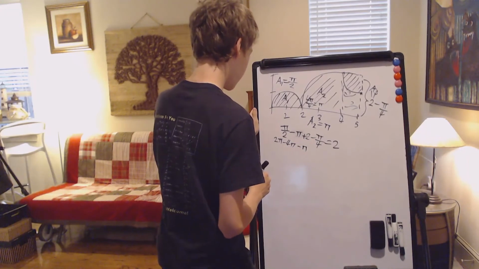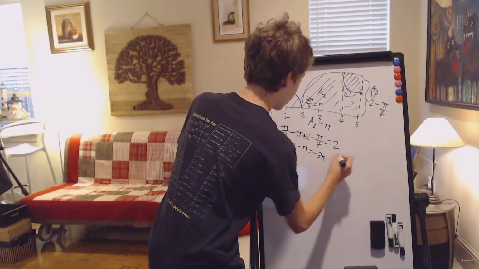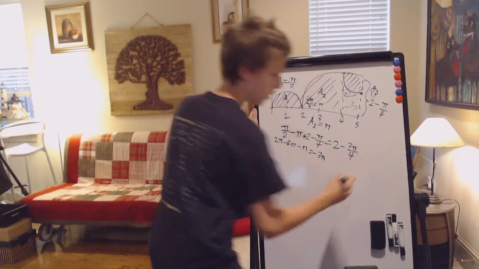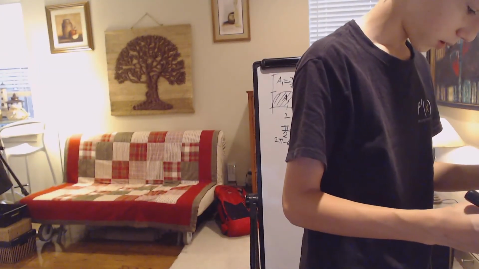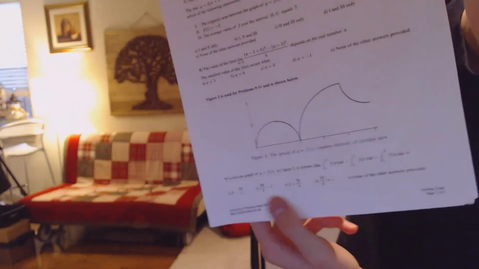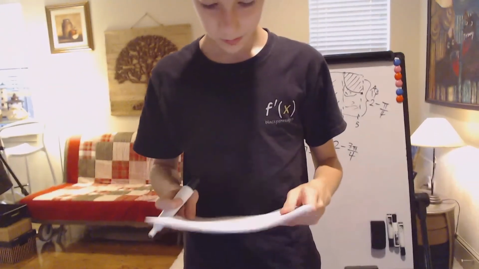So that'll equal minus 3 pi, so we should get minus 3 pi over 4. Let's see if that's an option. Oh, it is. Okay, it's option A. So 2 minus 3 pi over 4.